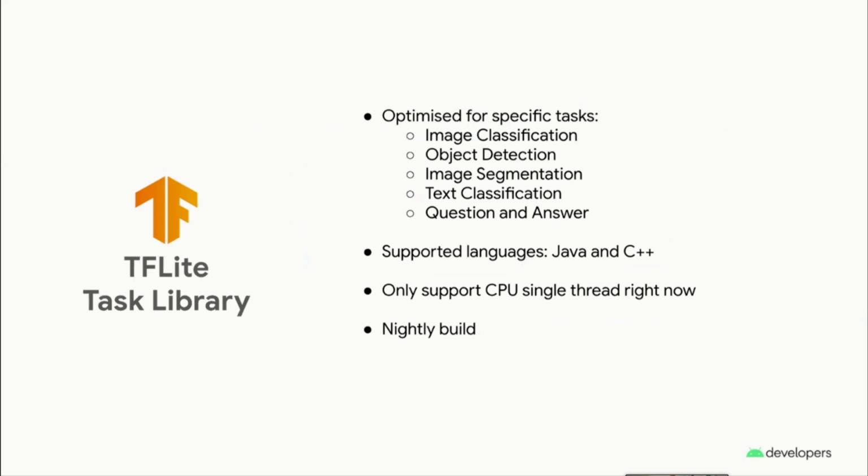It supports languages such as Java and by default Kotlin, as well as C++. However, the drawback here is that at the moment it only supports CPU configuration in a single thread, but the team is actively working on other acceleration options, including multithreading and hardware acceleration.